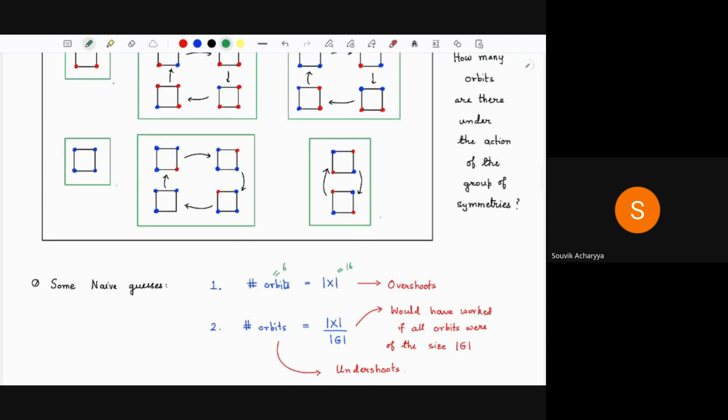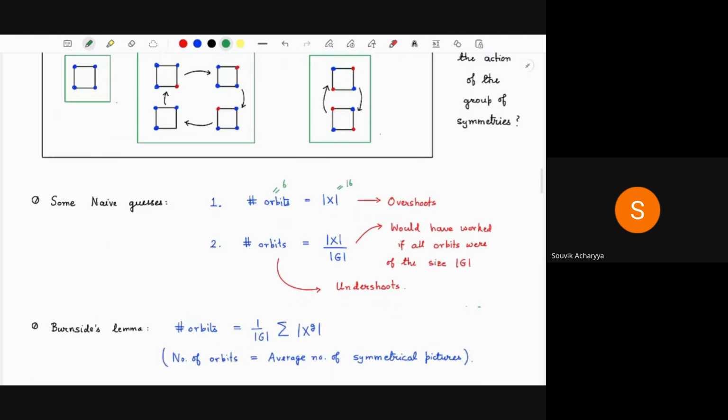And the correct answer, as we had described before, is given by Burnside's lemma, which says that the number of orbits has this wonderful expression. It's 1 over |G|, so we had this part right, but |X| is replaced by something larger.